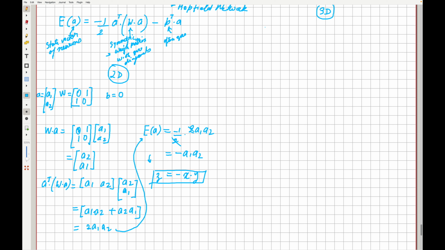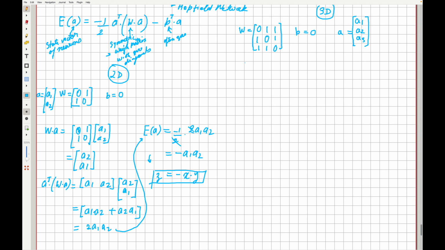Likewise, if we think about the 3D case, our W could be something like this. We have the diagonal, which is zeros, and the off-diagonals are values of 1. Again, we set the bias to 0. And because we are in the 3D case, A has A1, A2, and A3.